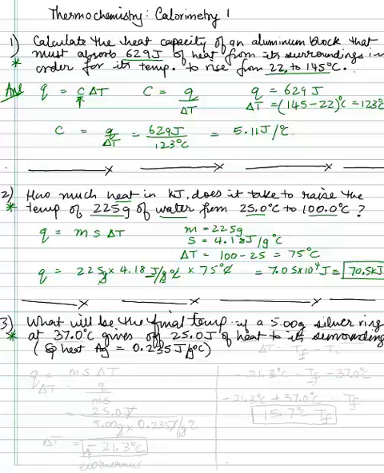Third problem: what will be the final temperature of a 5 gram silver ring at 37 degrees Celsius, which gives off 25 joules of heat to its surroundings? So we ask for the final temperature, and if you remember, delta T is T final minus T initial. So that's where we have to go to the T final.